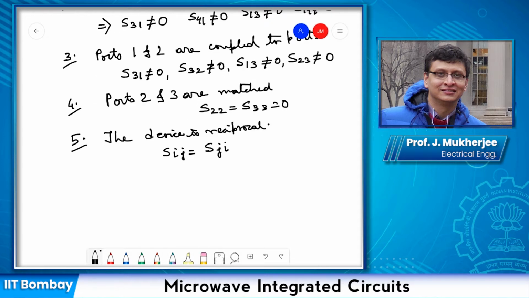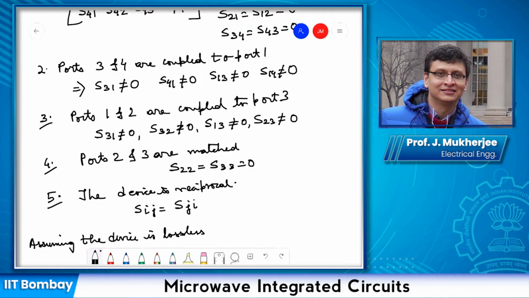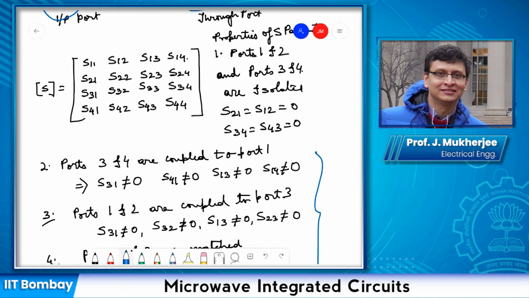Assuming that the device is lossless, the unitary condition should be valid. Now, if I incorporate these properties that we have just derived, what do we get?